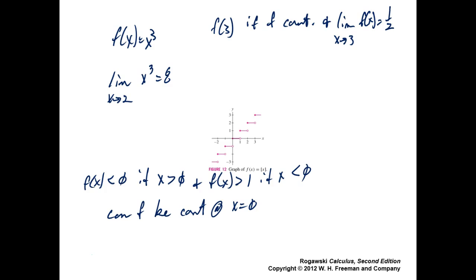Because the limit as x approaches 0 from the left-hand side can't be less than 1. It could be 1, but it can't be less than 1. And as it approaches from this side, it has to be less than 0. No way. Does everybody see that? The answer here is no.